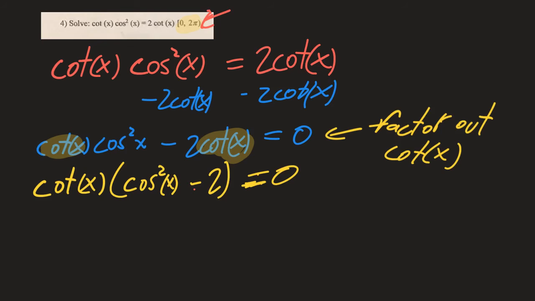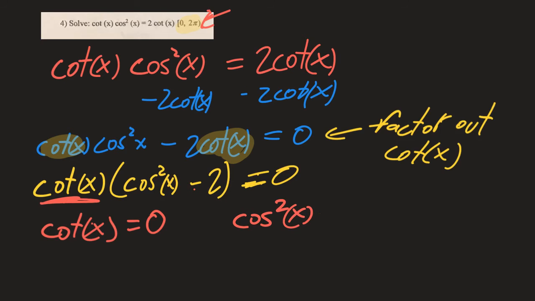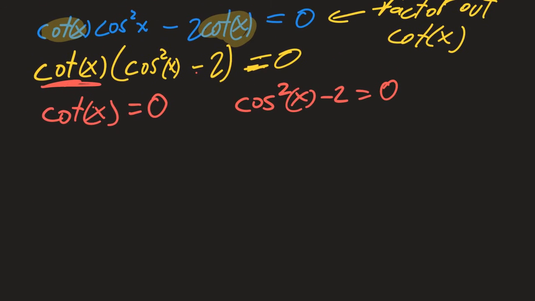Now, individually, each of these factors can be equal to 0 and give us its own solutions. So for example, this first part, cotangent x, can be set equal to 0, and the second part, cosine squared of x minus 2, can be set equal to 0 as well. And we can work our way down through each of these pieces to get our solutions.